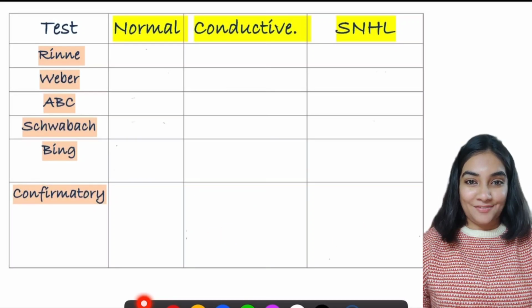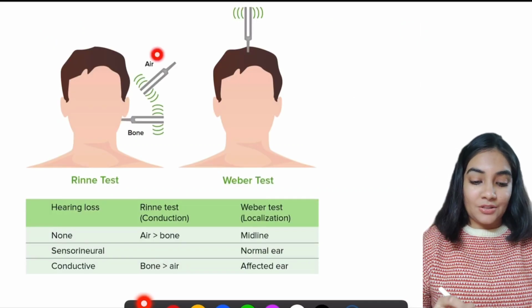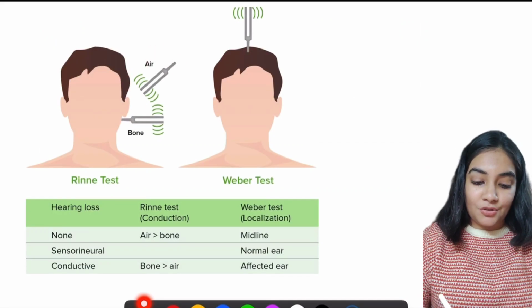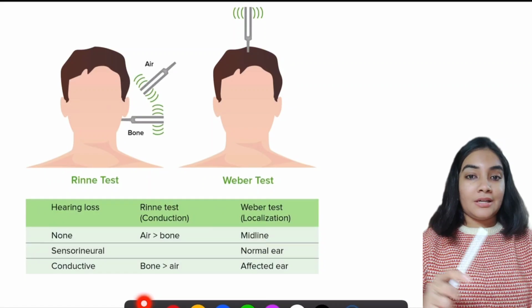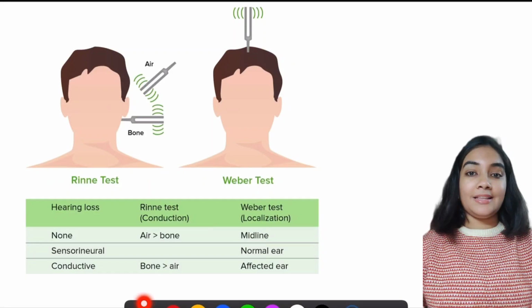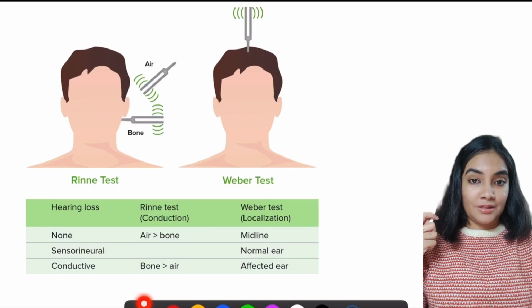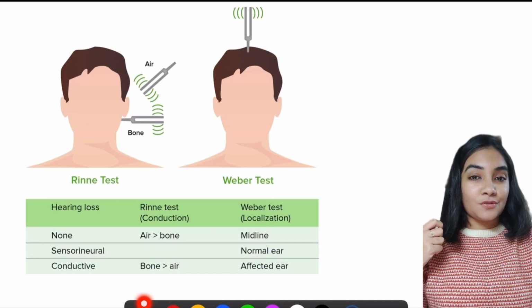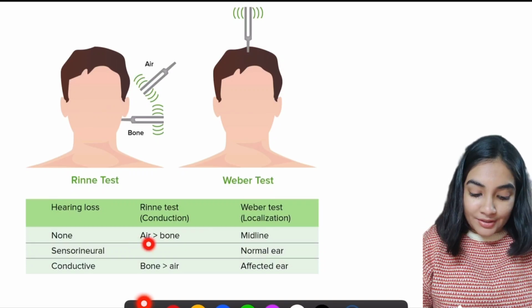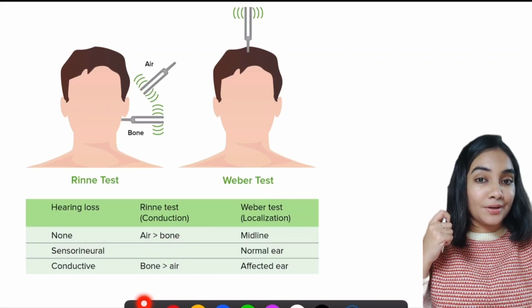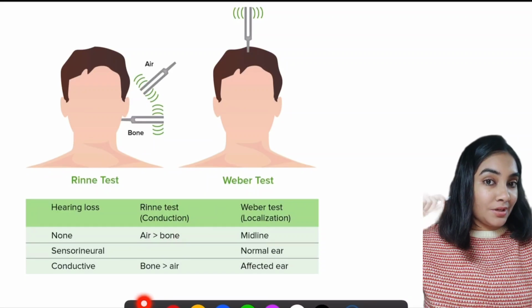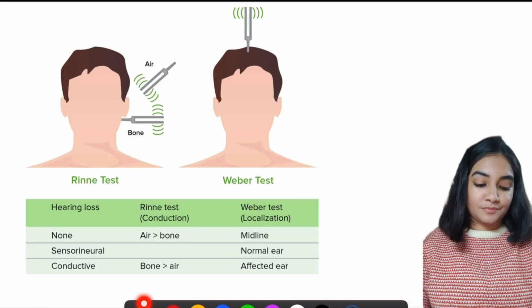Starting off with Rinne's and Weber. In Rinne's, you need to compare the air conduction with the bone conduction. So you strike the tuning fork, keep it first on the mastoid and then in front of your ear. If you are hearing it in front of your ear, that means your air conduction is more than bone conduction, because in the air you can hear it longer even after your bone conduction sound went off.